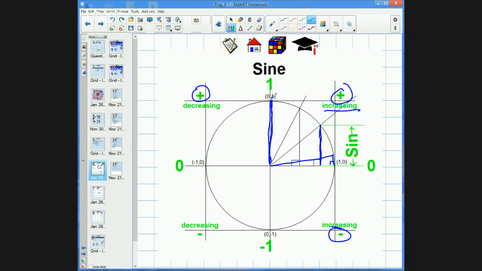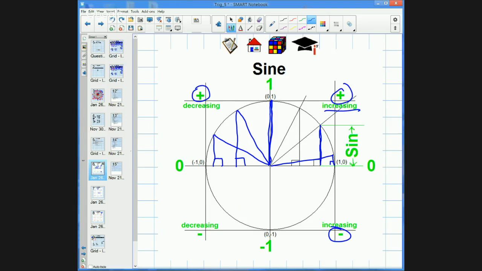And in our unit circle, the sine of 90 degrees is 1. Then, as we start moving over into the second quadrant, our triangles are now over here on the left, and you can see that the vertical leg, as we move on, is going to get smaller and smaller.